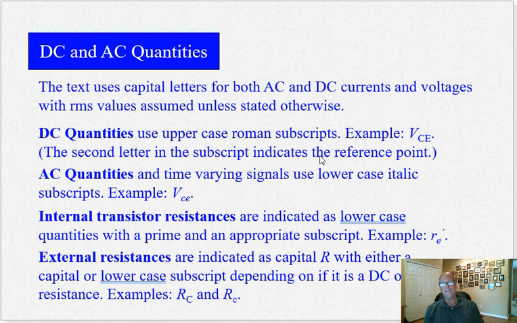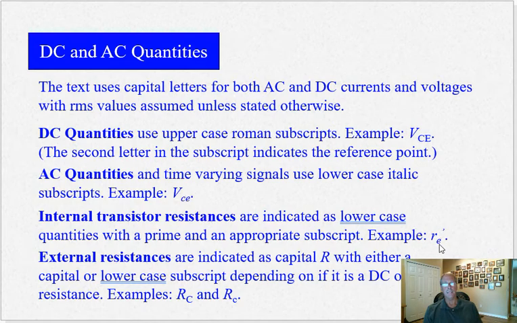Okay, DC and AC quantities. Now we've been talking mostly DC quantities of these transistors, and they're annotated by capital letters, so V, capital C, E in the subscript here. Now AC quantities are going to have small letters, lowercase, so v_ce, lowercase. And these internal transistor resistances are normally indicated as lowercase.